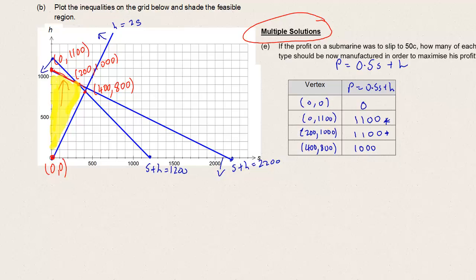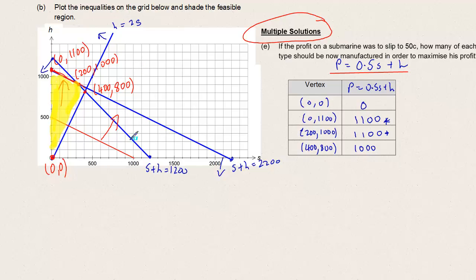To try and explain why, we've been solving these problems by point testing. There is another technique, which is you get the profit line and you just plot it on here, for a particular value of P. You then increase P, which means that this line will move, since its intercept is changing, across the region.